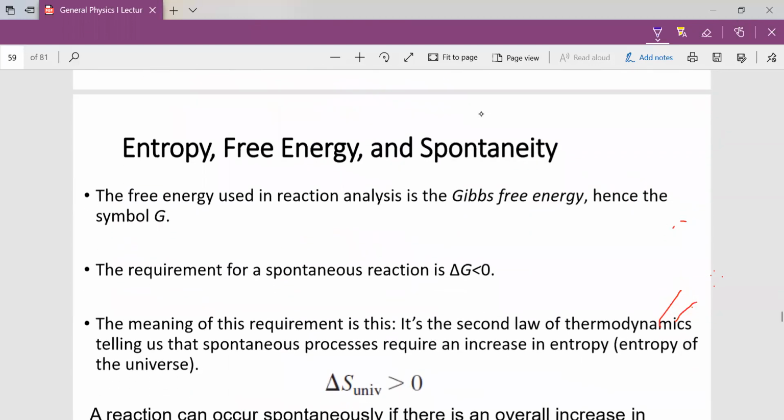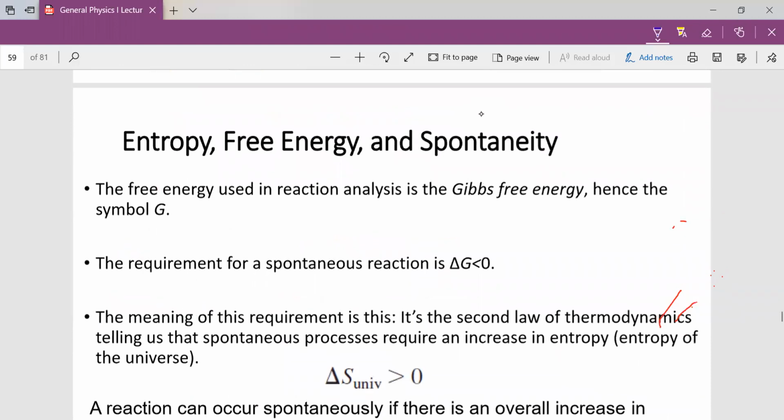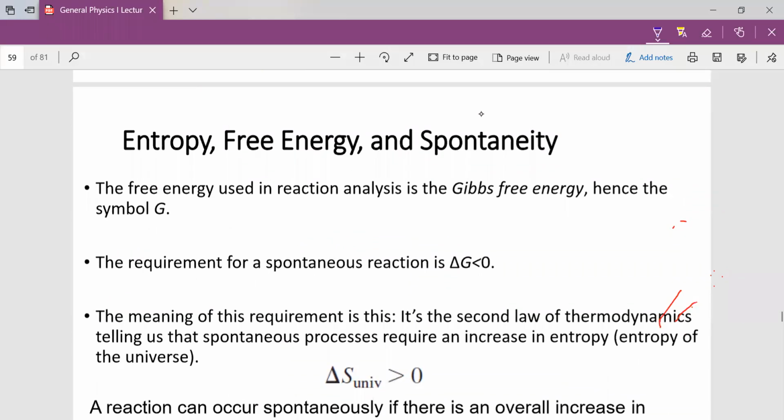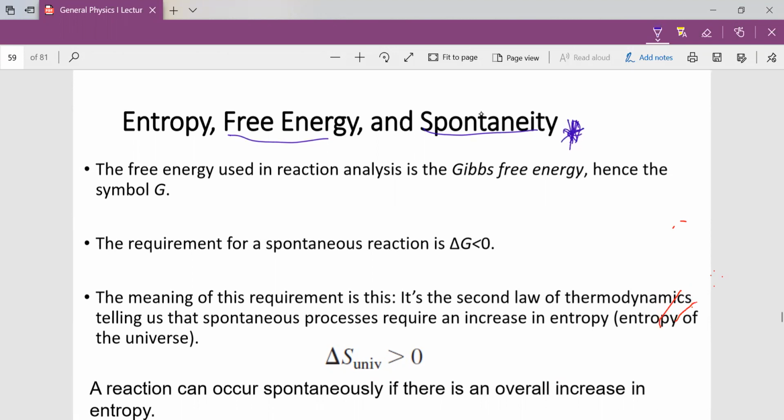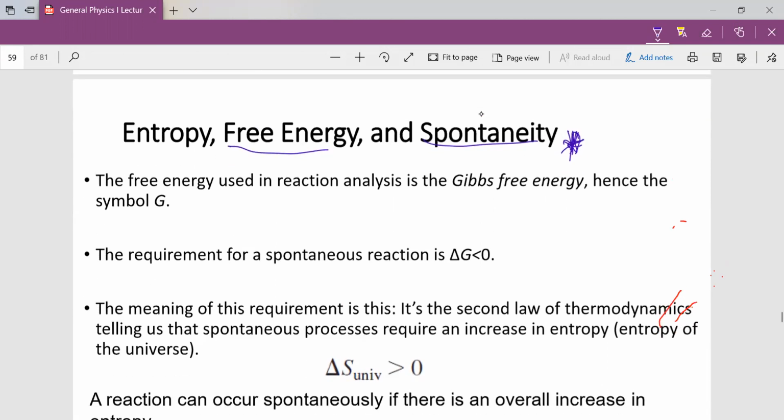So we'll move on to the very last part, which is entropy, free energy, and spontaneity. The only new thing we brought in here is the free energy and then spontaneity. We have seen spontaneity before when we described the irreversible process. When we go further, those of you in chemistry will really understand what is going on here.